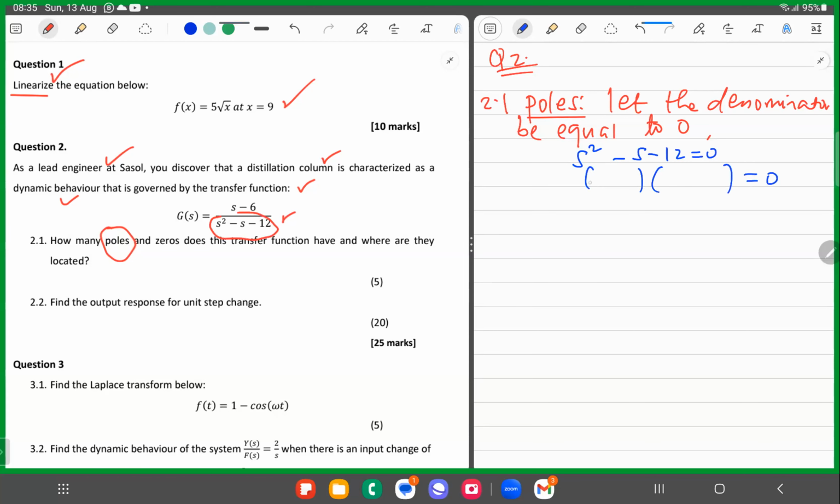What are the factors of s squared, s and s, that are factors of minus 12? At this point, you would have 4 and 3, so this will be minus 4 and this will be 3.